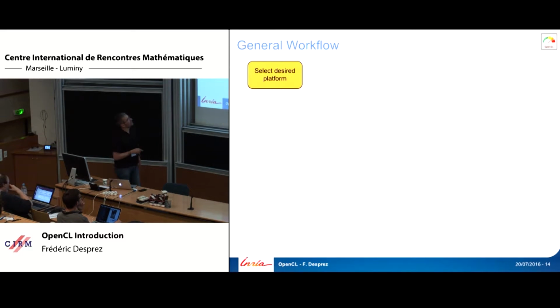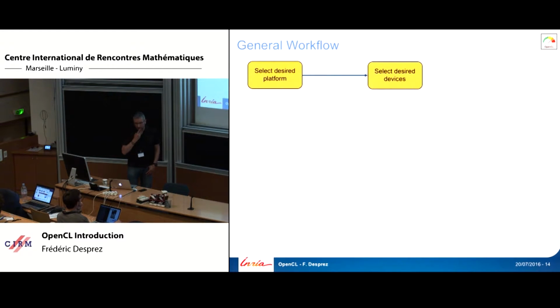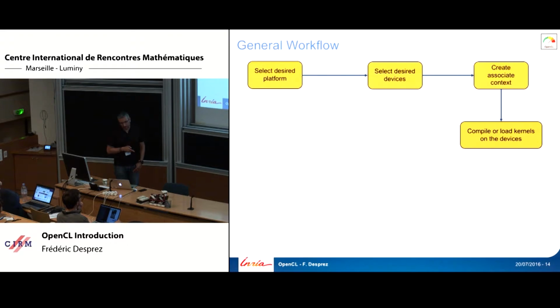If we take a look at the general workflow, first you select the desired platform. You can gather information about the platform you have in front of you, and take a look at what's inside the platform, so it can be very portable. You select the desired devices from among the devices available to you. You create the context. You compile and load the kernel; either you pass the source code, or you send pointers to binaries.